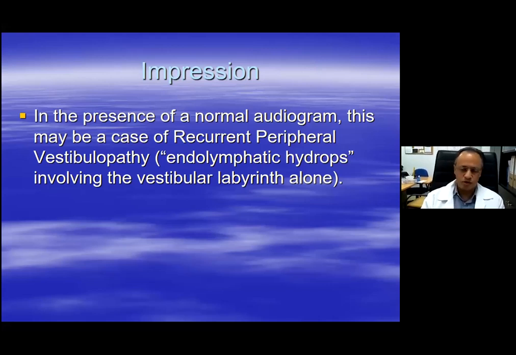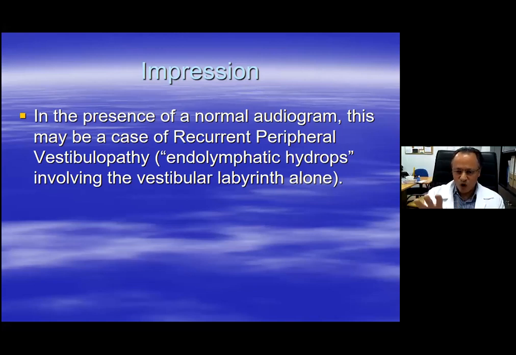This leads to confusion for the referring physician. But there is a report in the literature, especially by Toshihisa Murofushi in Japan, that you can have what can be described as endolymphatic hydrops, or at least pathophysiological involvement of the vestibular labyrinth and not involving the cochlea.